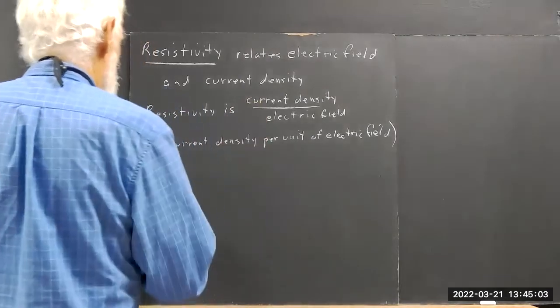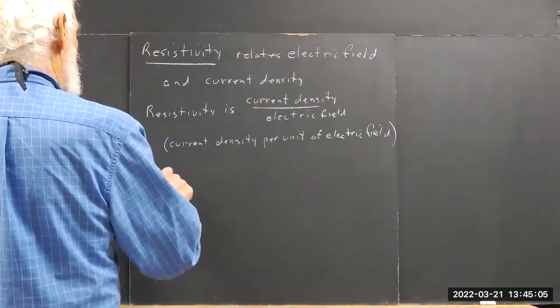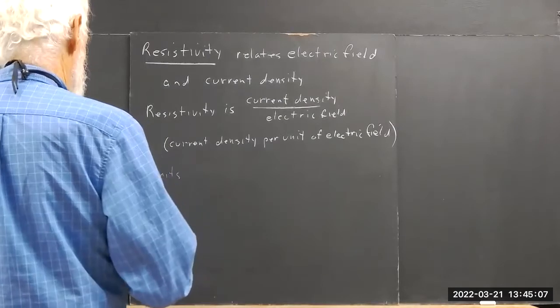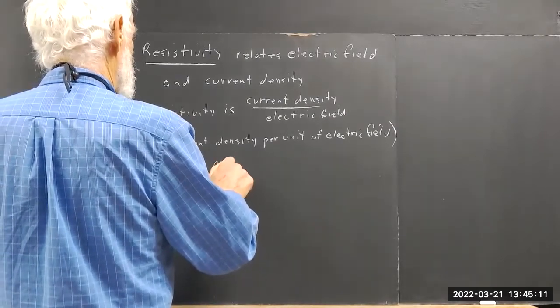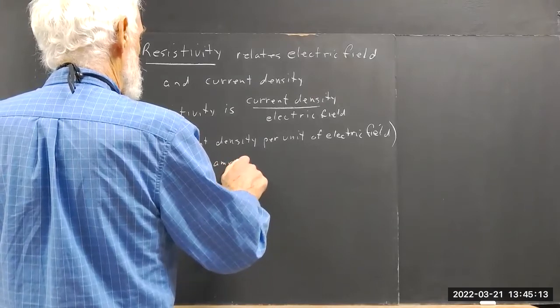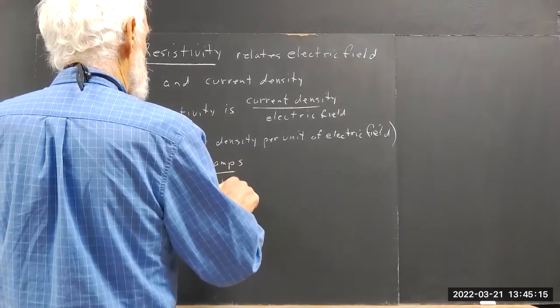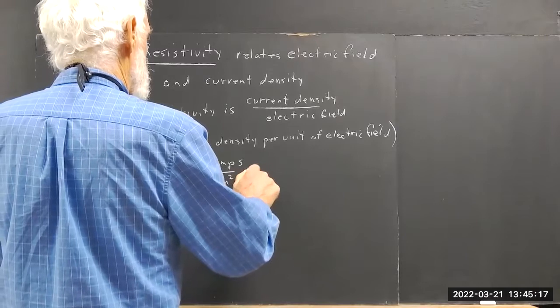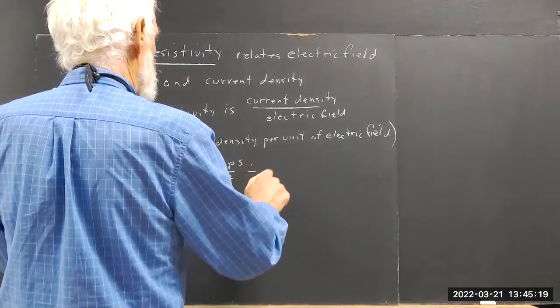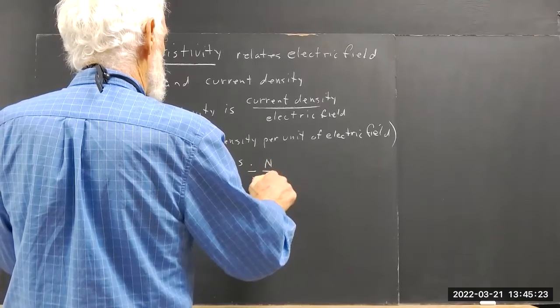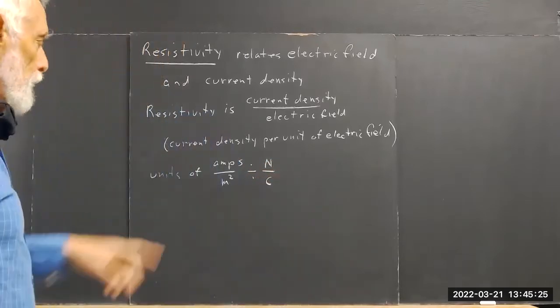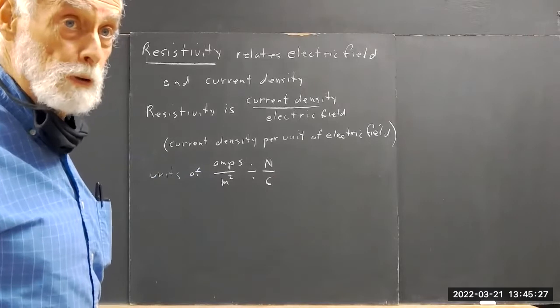But current density, okay, amps per meter squared divided by newtons per coulomb if you want, right?